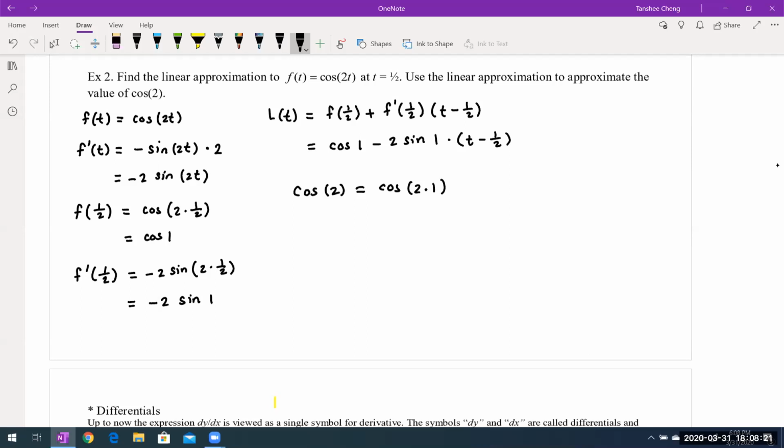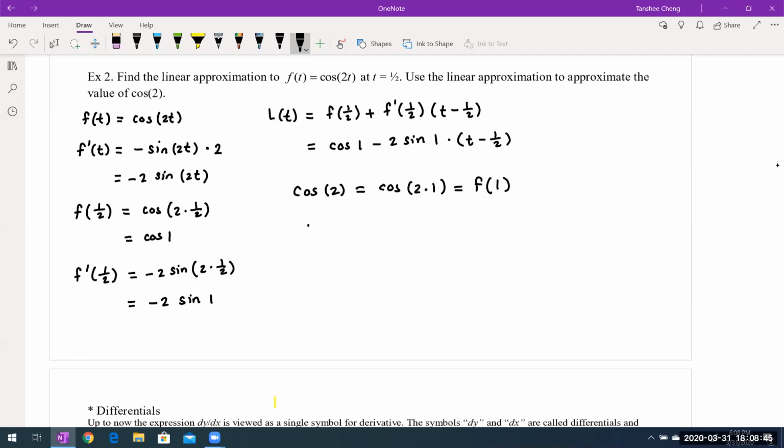That indicates that for cosine of 2, we are evaluating the f function at 1. Okay. Only if I know which input value we are evaluating can we talk about the linear approximation.